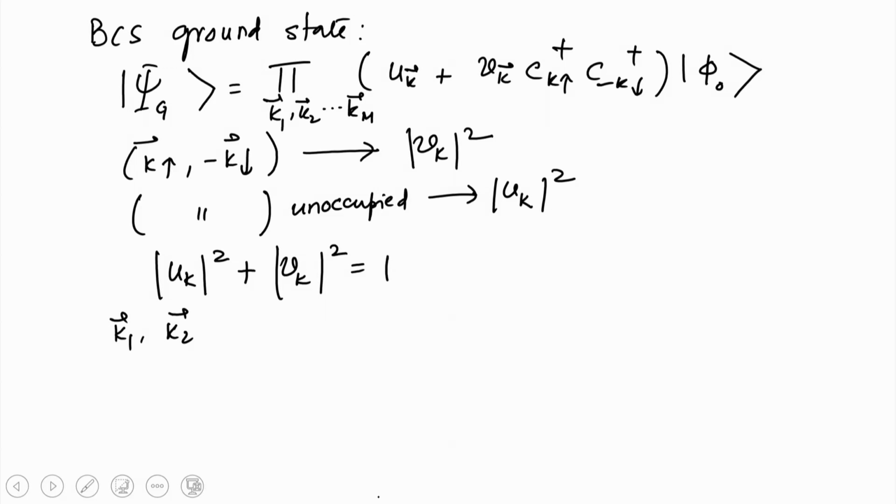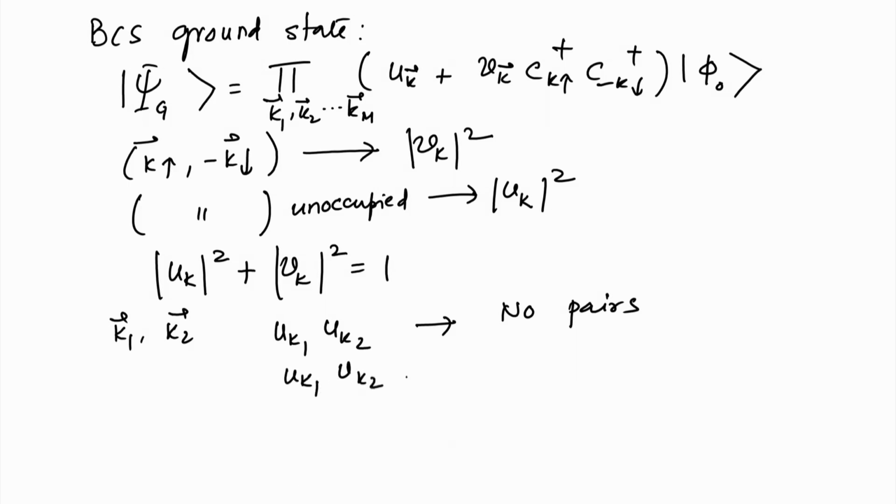The amplitude u k 1, u k 2 represents no pairs in these two states. u k 1, v k 2 is one pair, k 2 and minus k 2, and v k 1, v k 2.